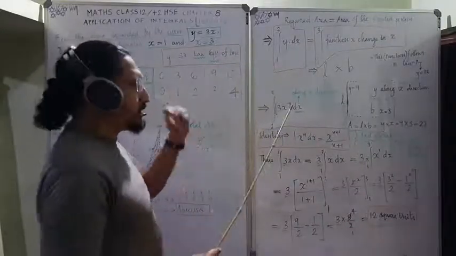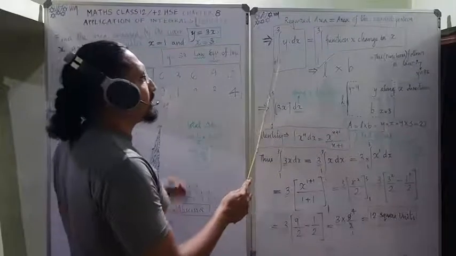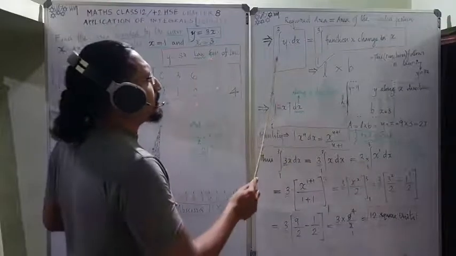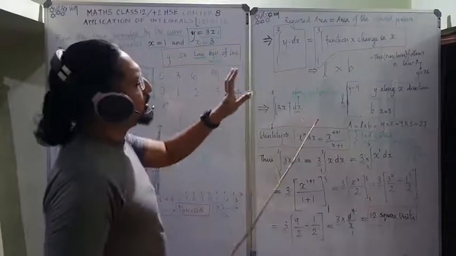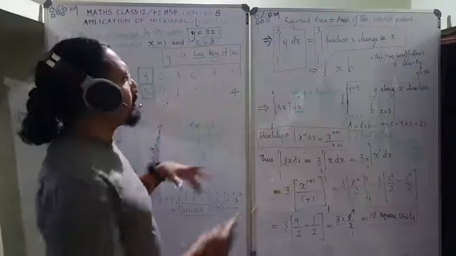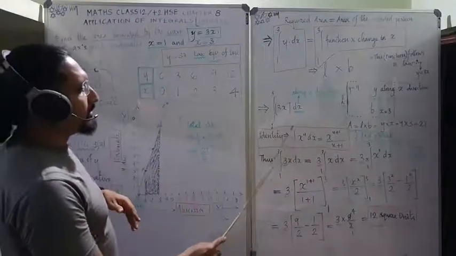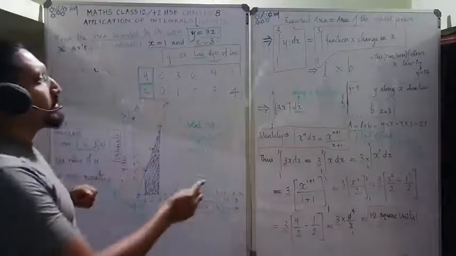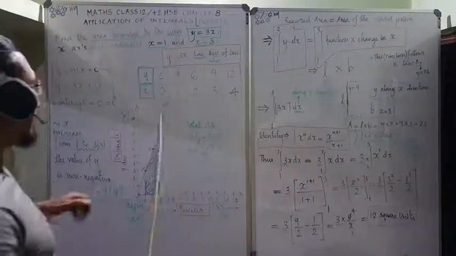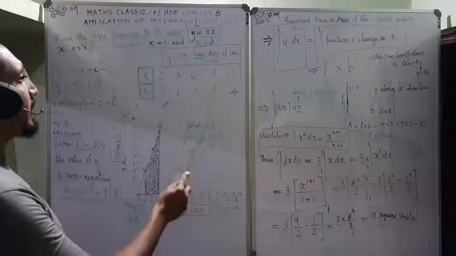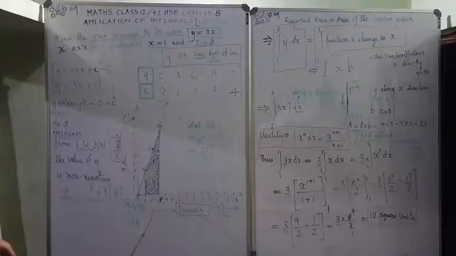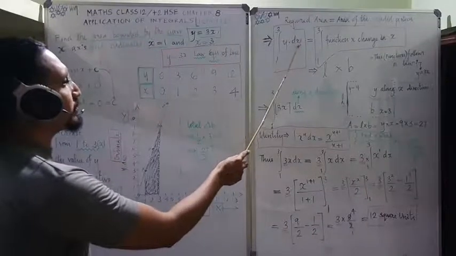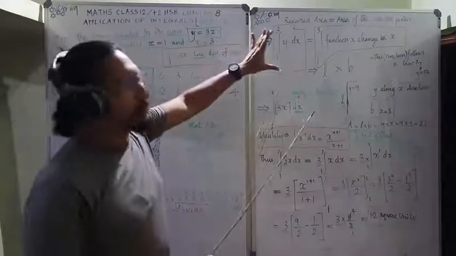Earlier it was taught without limits. Without limits, we can write it just like an identity. But here you have a function y is equal to 3x, a line moving along the x-axis. So the function is written along the direction in which it is moving. This is the essence of how to find an area.